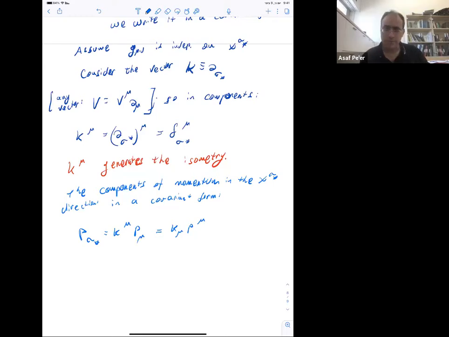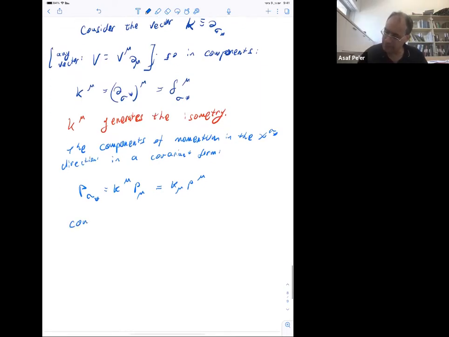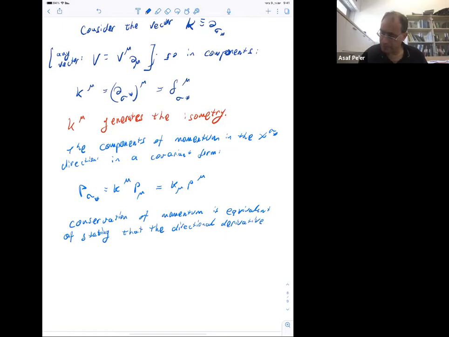So it is equivalent to stating that the directional derivative along a geodesic vanishes, right? So conservation of momentum is equivalent to stating that the directional derivative along the geodesic vanishes.